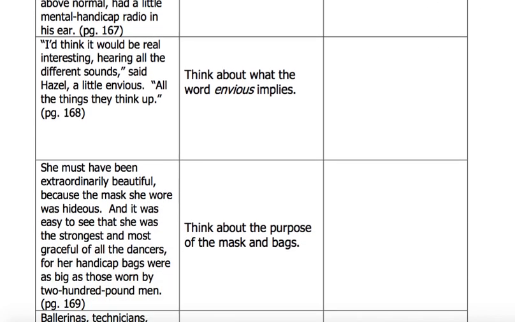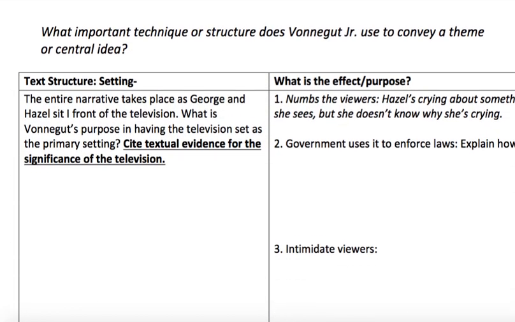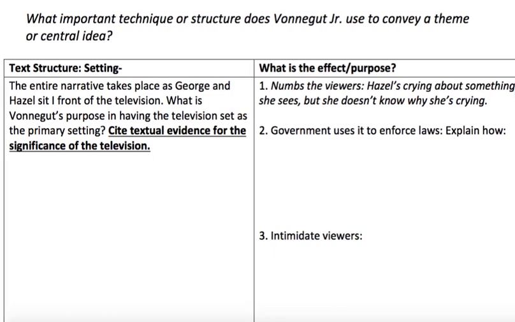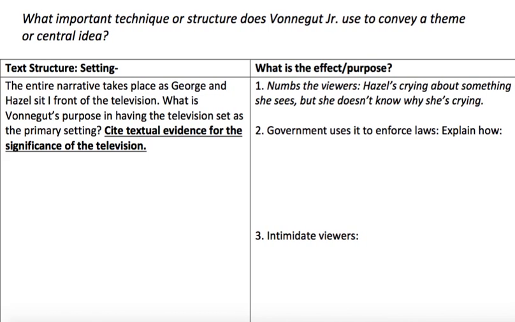Once we're done with that, the second part of the worksheet is having you think about the type of technique that Vonnegut Jr. uses. So it says, what important technique or structure does Vonnegut Jr. use to convey a theme or central idea? So we spoke a lot about this word convey throughout the year.